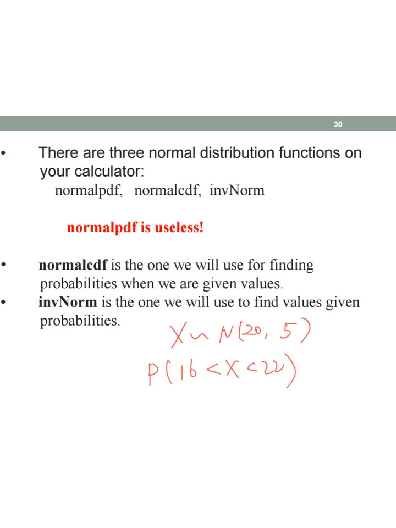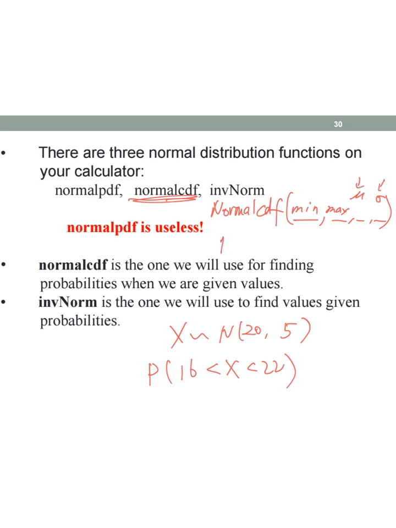How to find the probability: we will use normal CDF from our calculator. If you use normal CDF, always follow this order. Input 4 numbers. Lower, or you can call it the minimum value for your x. Upper, that is the maximum value for your random variable. And then mean, and then standard deviation. Mean and standard deviation will always be given.